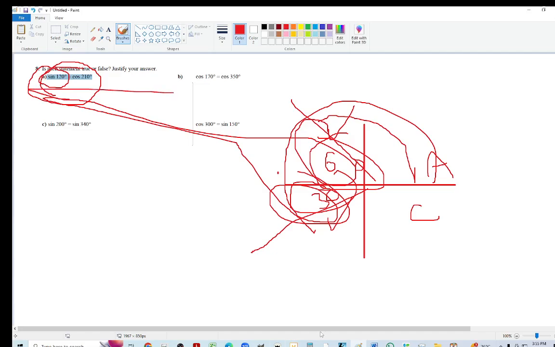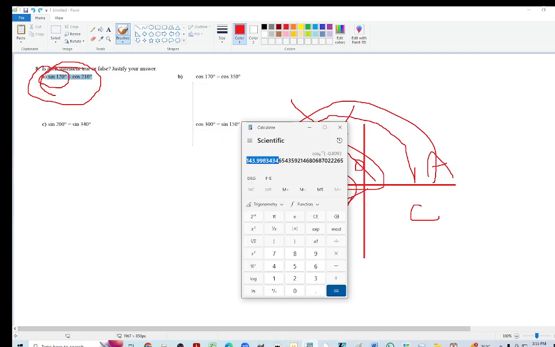Therefore, they can't be equal. To prove this, you can just take the sine of 120. You see 0.8666. And then you take the cosine of 210. Now it's going to produce a similar number, but it's going to be negative 0.8666.